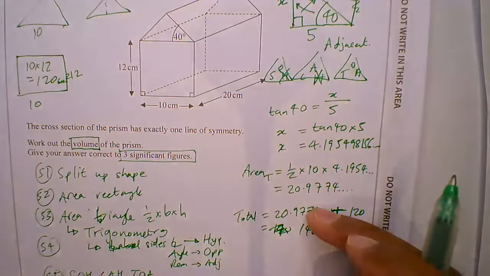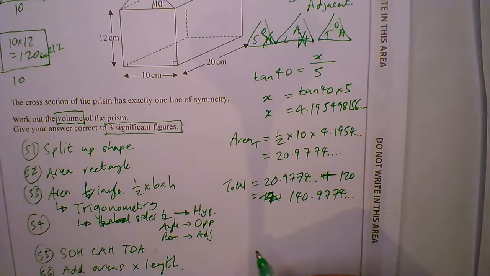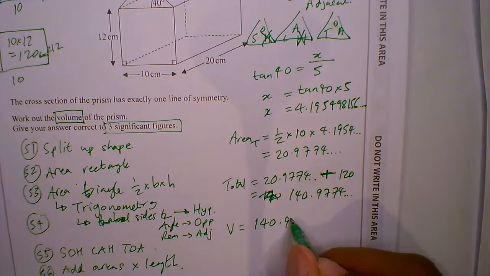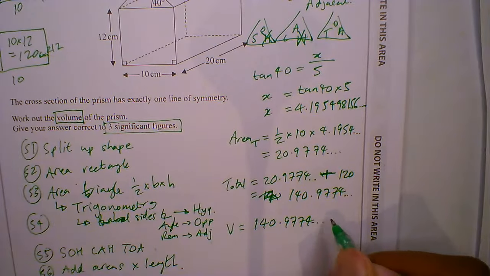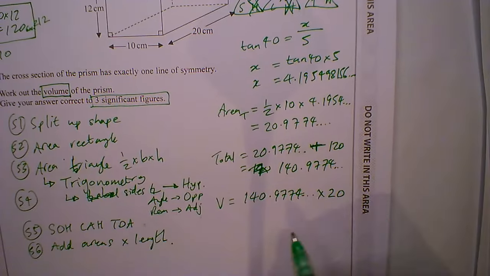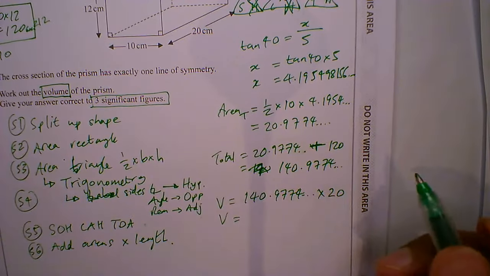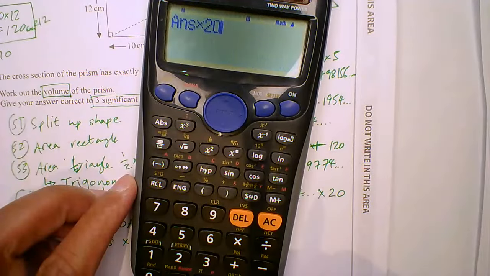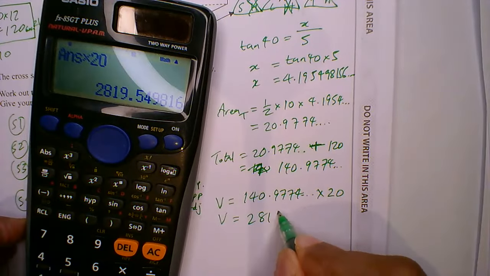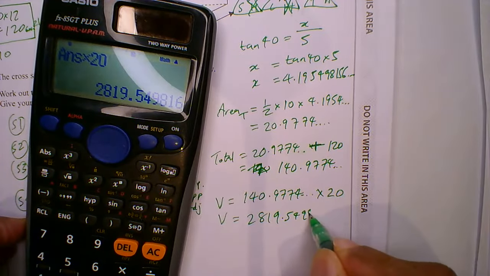And now for the volume, I multiply it by the length. So volume equals this, 140.97... multiplied by 20. So my volume equals, so times this by 20, 2819.5498.